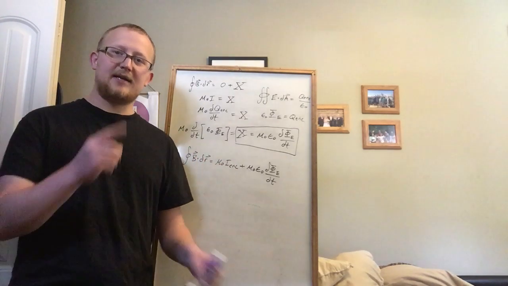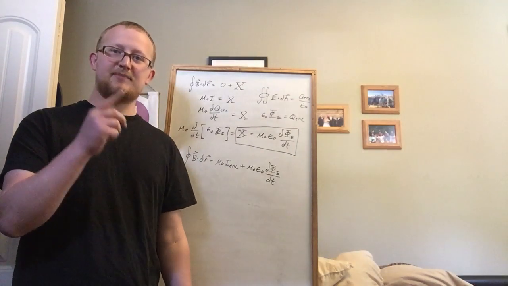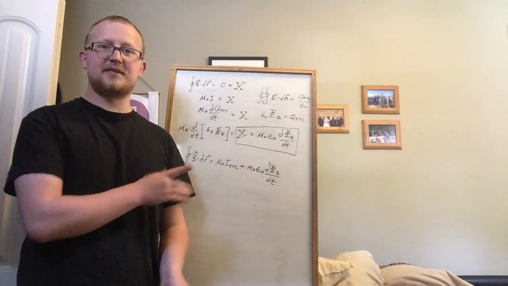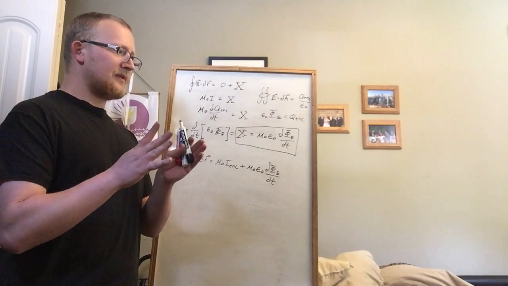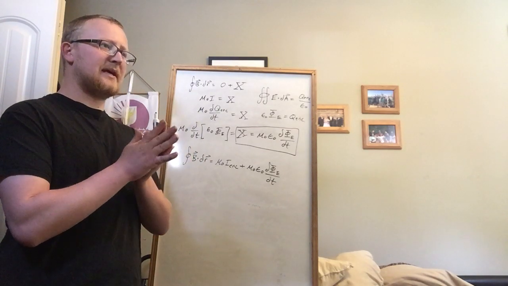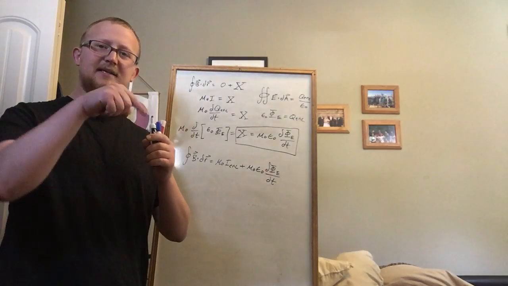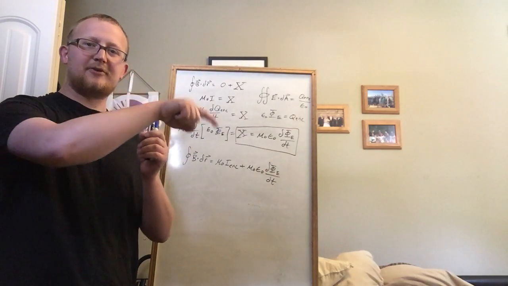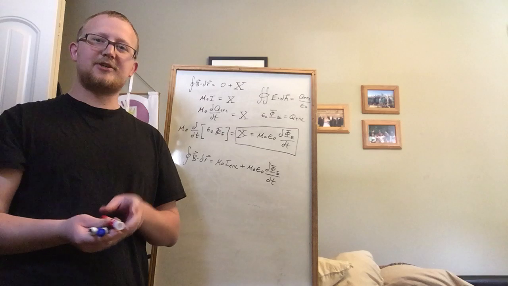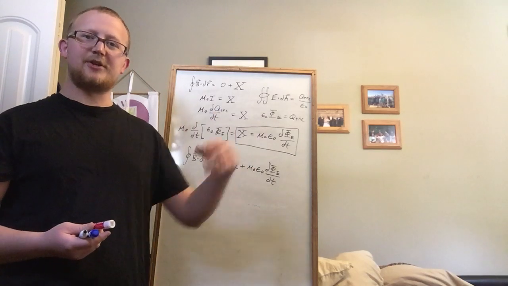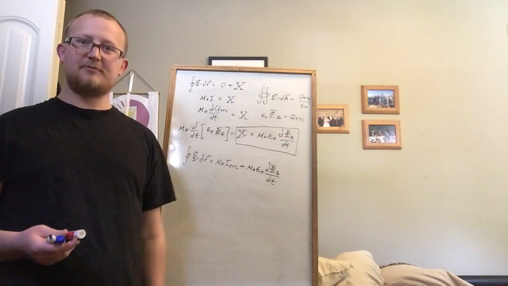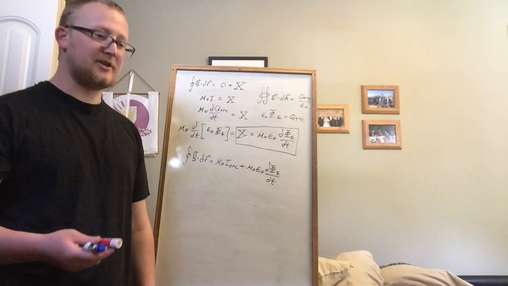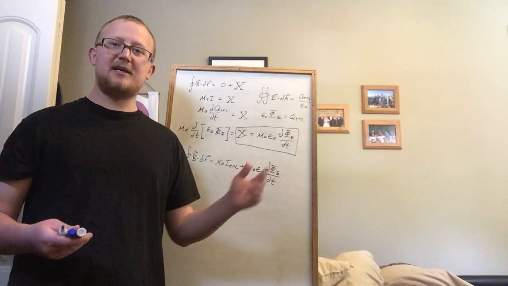Light, it's chargeless, it's massless, at least as far as this course is concerned. Well, it doesn't have a charge yet. It's this propagating electric field that's creating a changing magnetic field, which in turn is creating a changing electric field, which in turn is creating a changing magnetic field, and that just keeps going.